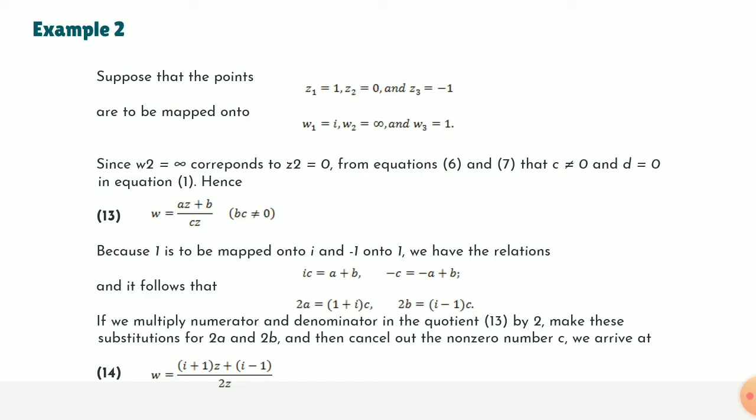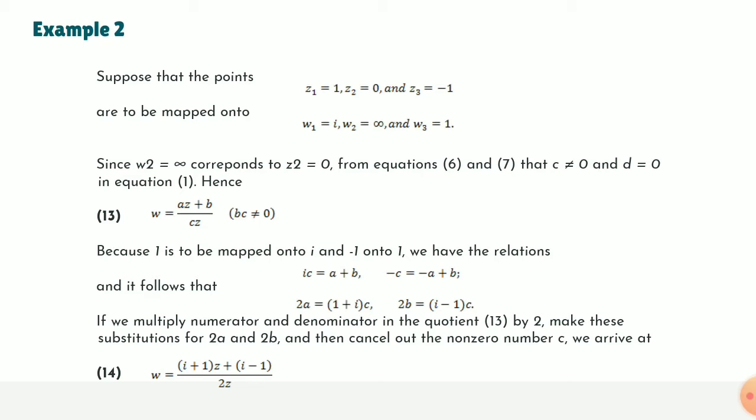Because 1 is to be mapped onto i and -1 onto 1, we have the relations ic equals a + b, and -c equals -a + b. It follows that 2a equals (1 + i) times c, and 2b equals (i - 1) times c.